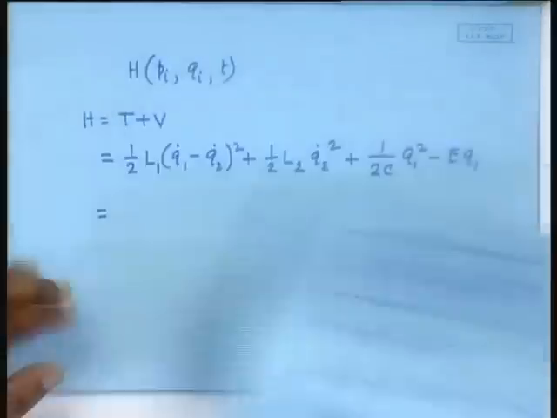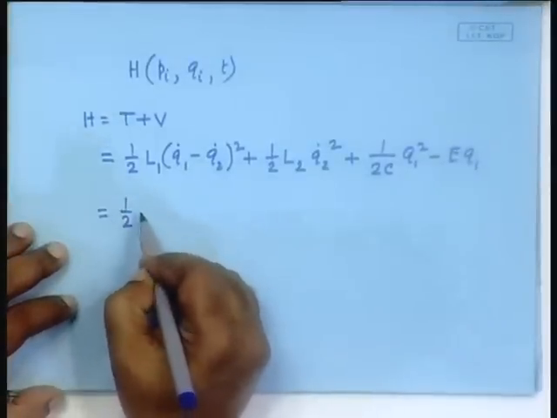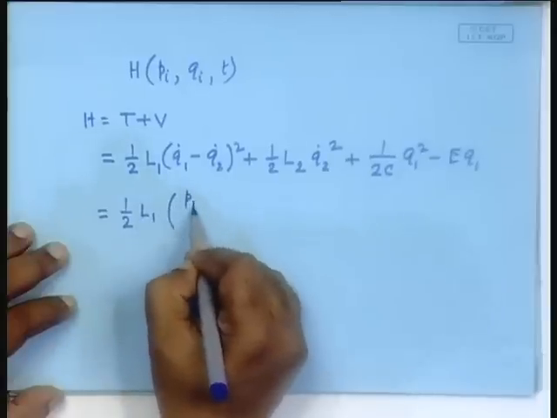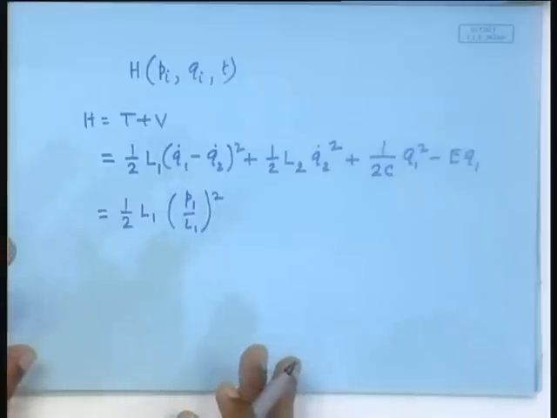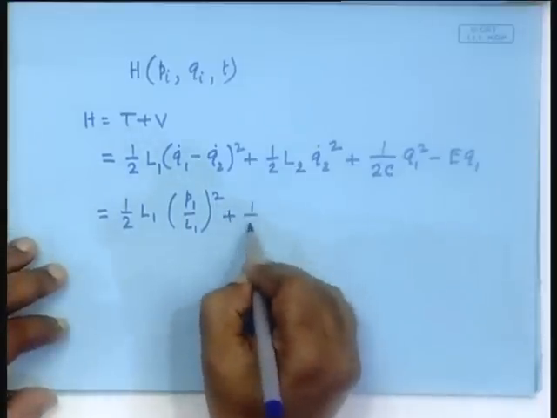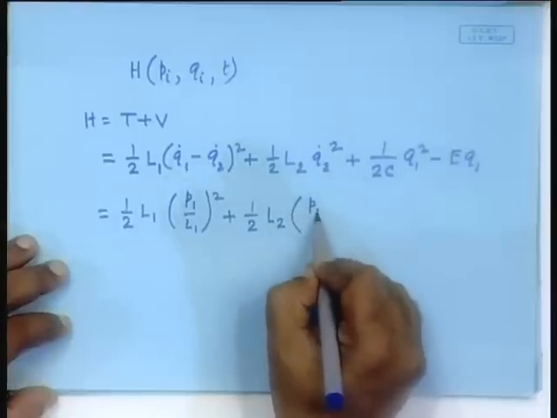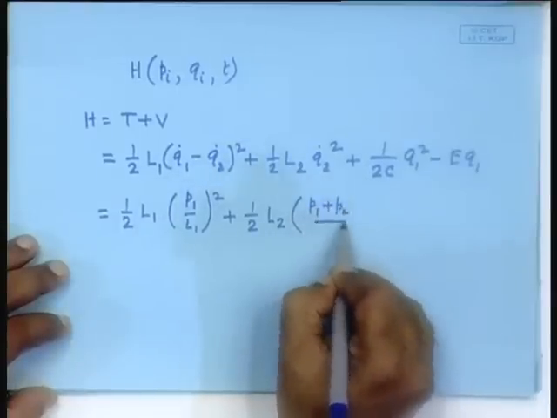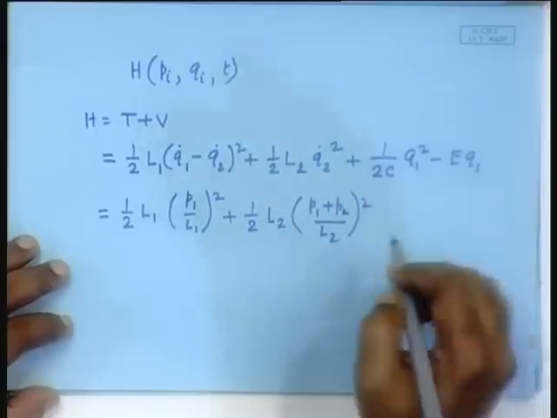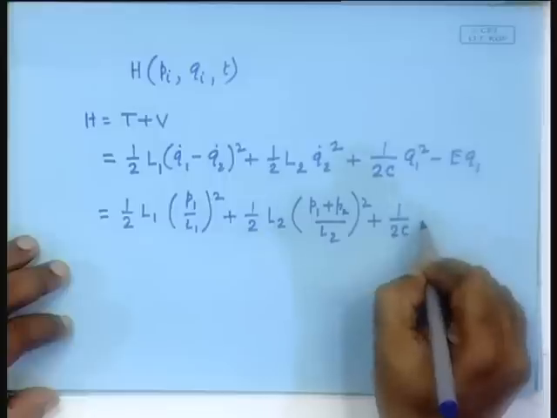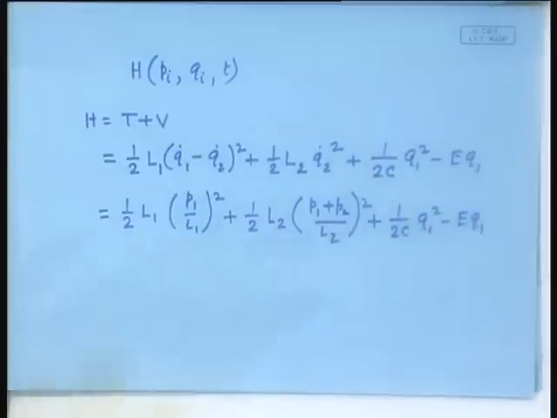So, we can easily express half L1 (P1 by L1) square, plus half L2 (P1 plus P2 by L2) square, plus the rest remains the same, 1 by twice C Q1 square minus E Q1.